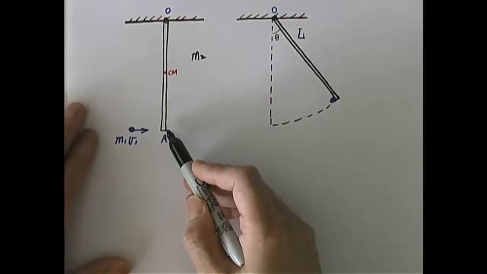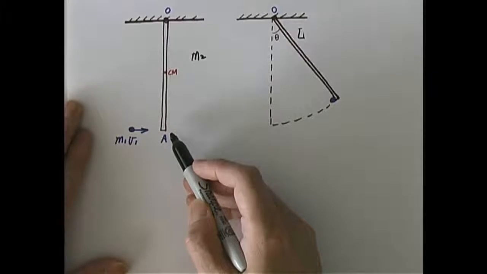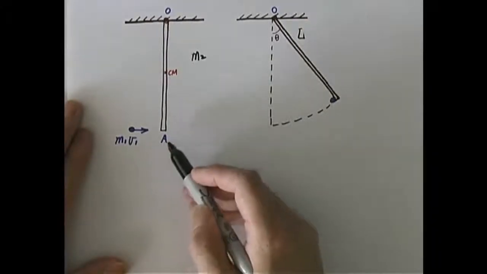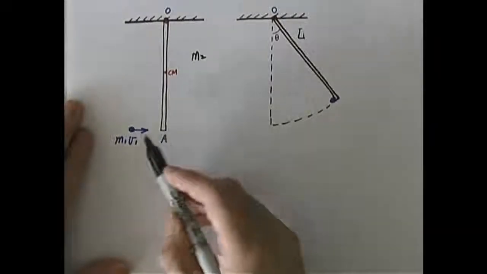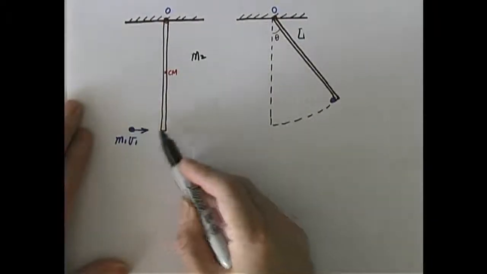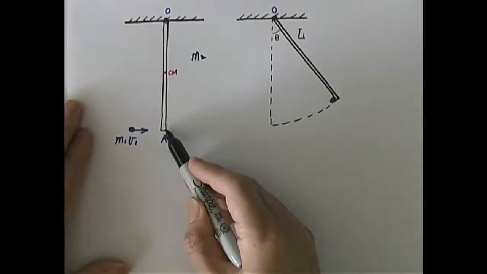During that collision process, is there any conserved quantity? We have learned three possible conservation laws: conservation of mechanical energy, conservation of linear momentum, and conservation of angular momentum. Let's look at them one by one. First of all, do you have conservation of mechanical energy? That depends on whether the collision is elastic or not. This mass sticks to the rod.